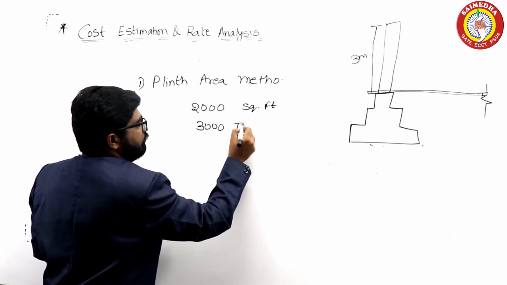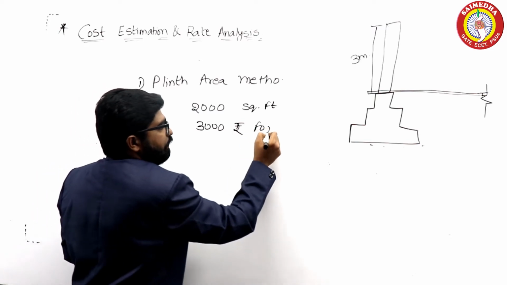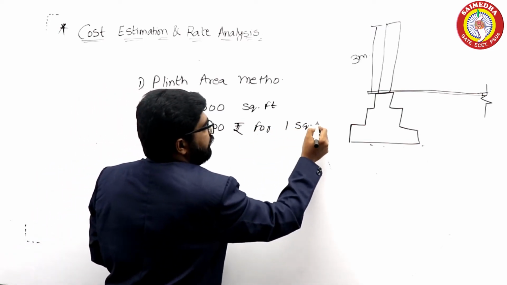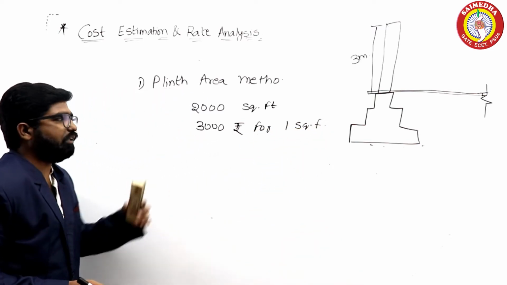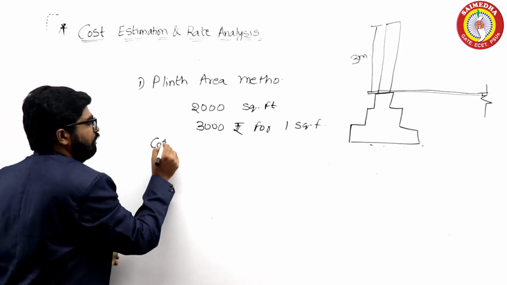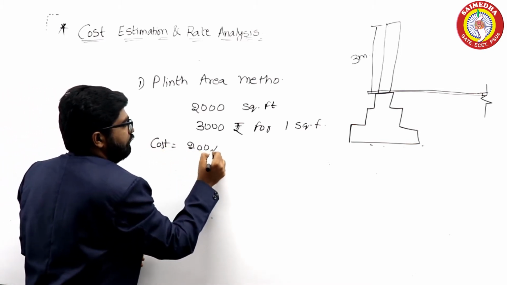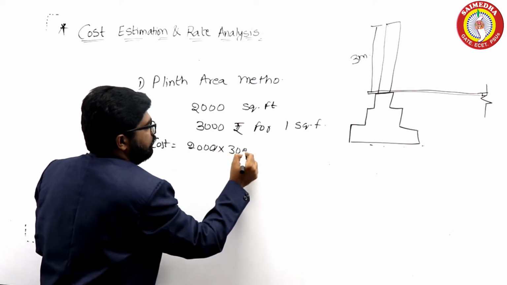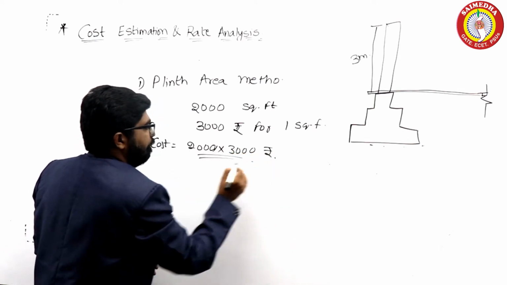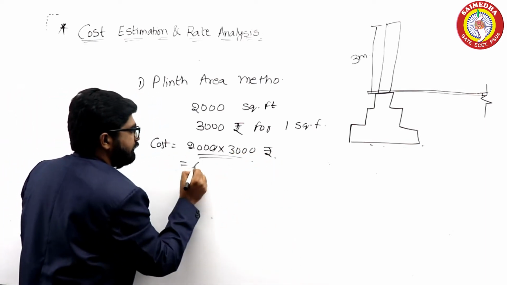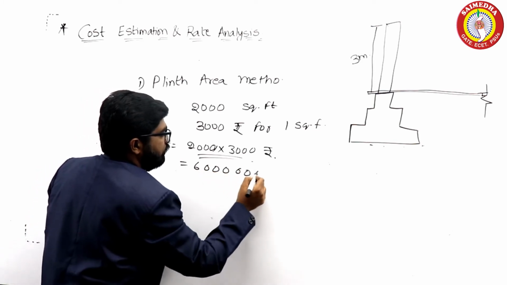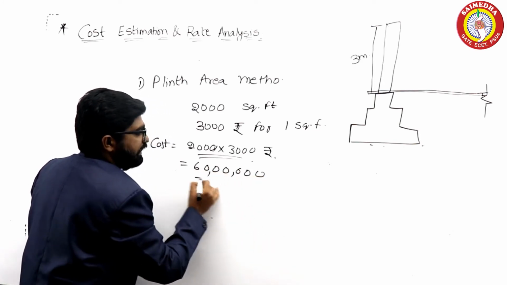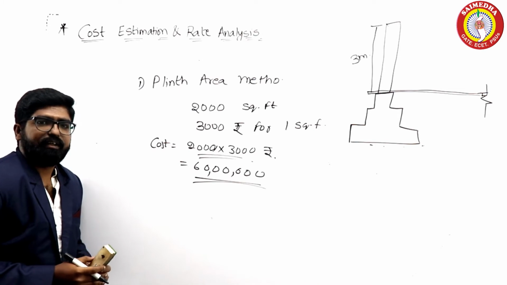So what is the overall cost of the building? Overall cost is equal to 2000 into 3000 rupees, so this is 6,000,000. So 60 lakhs is the cost of the building.